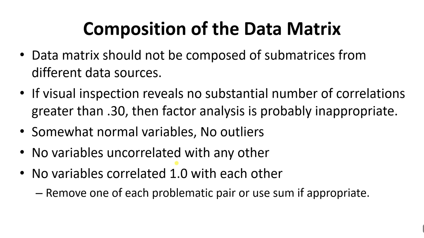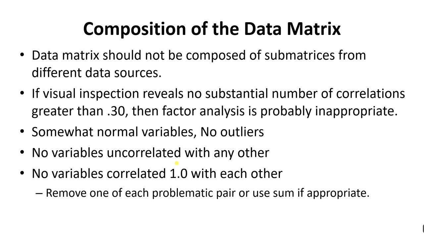Similarly, no variables should be perfectly correlated; if they are, they are just duplicate variables. So the correlation must be somewhere between 0 and 1. A few near-zero correlations are permitted, like 10%, but most of the correlations should be lower than 1. Multicollinearity is a problem not only in multiple regression but in factor analysis also, and that point will come when I discuss dependence of measures.